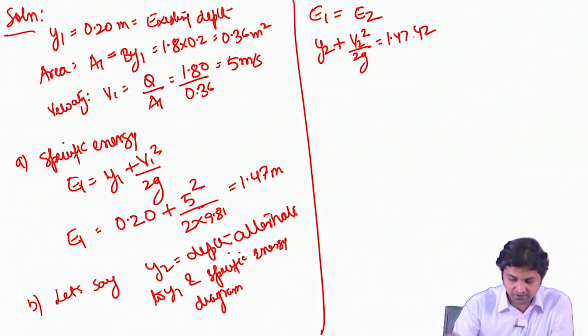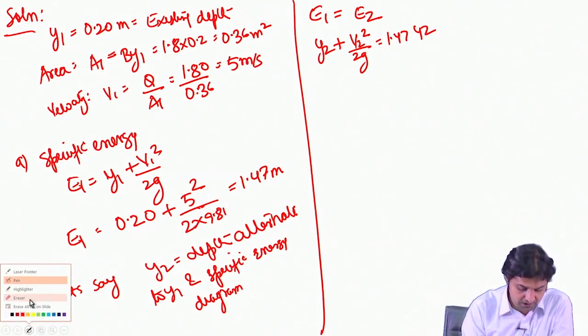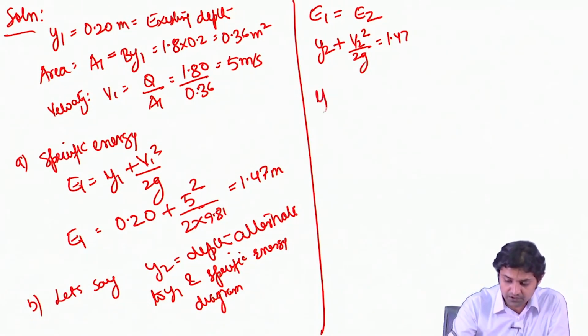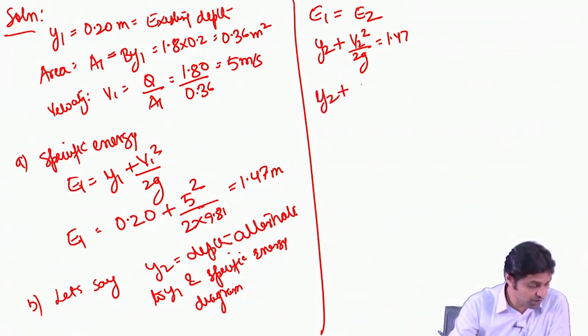Okay, 1.47 actually, you just write it down, it is better, not going into too much. Okay. So, y2 and V2 is what?